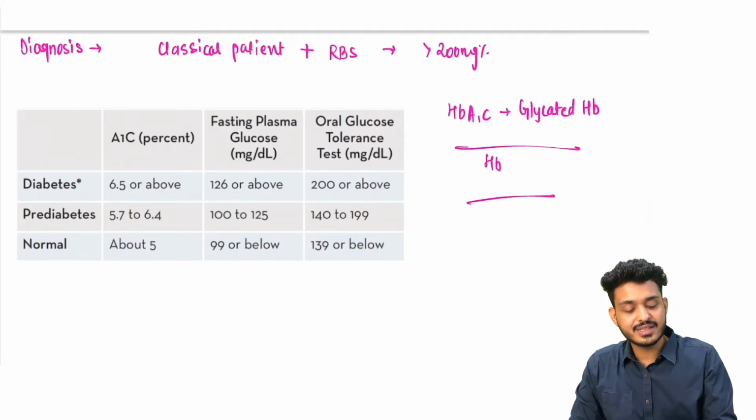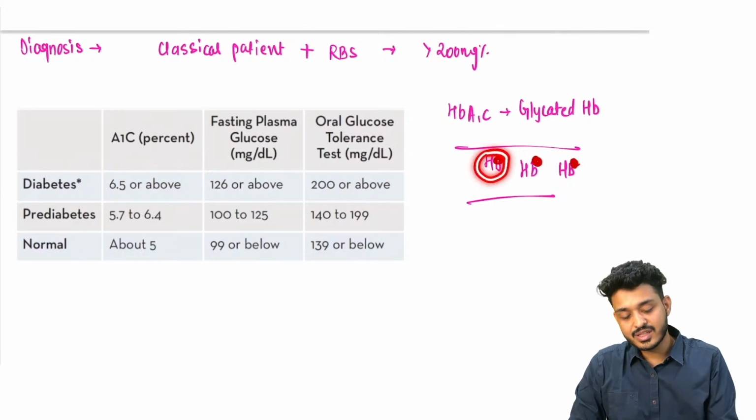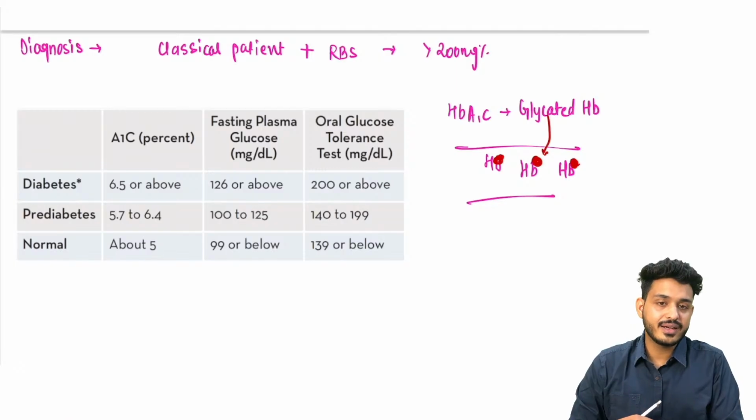Suppose this blood vessel will be there, you are having this hemoglobin, and you are also having glucose here, and now this glucose will come and bind here, right? Now this hemoglobin is known as glycated hemoglobin.